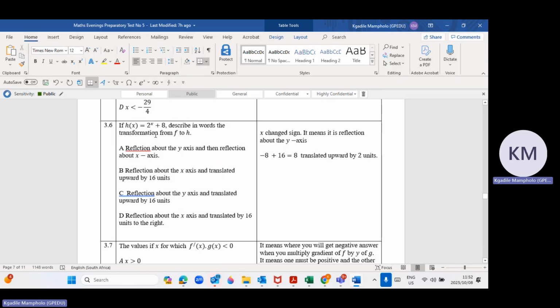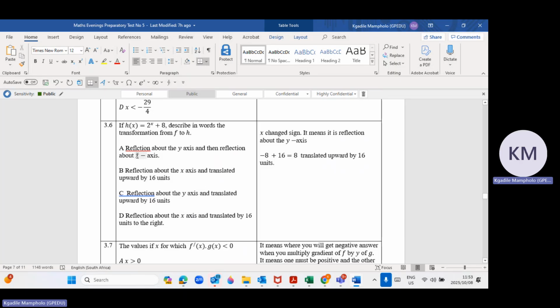So it means you can only get 8 from negative 8 if you add 16. It means the graph was reflected about the y-axis and also translated upward by 16 units.